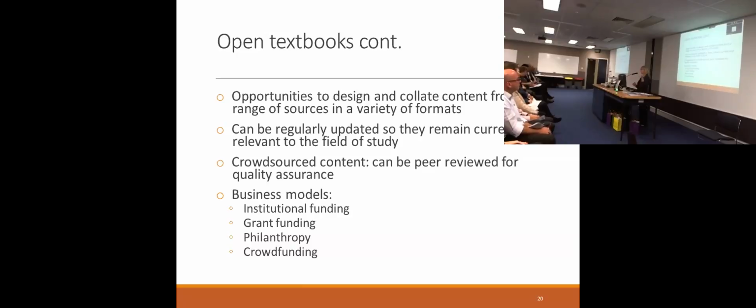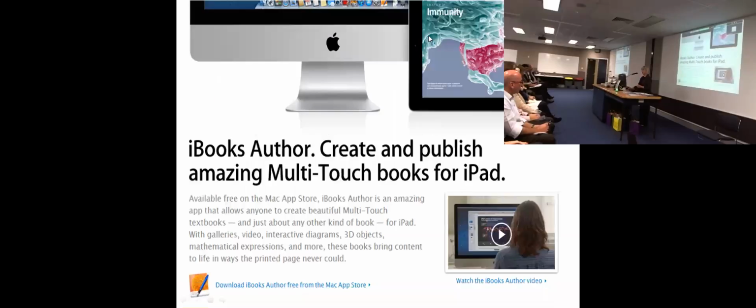We don't have the same philanthropic push over here, but there have been examples of where a philanthropist has just put $10 million on the table to say, okay, develop an open textbook for my discipline area. That's what I'd like to see happen. And then also there's been some crowdfunding. So again, quite different publishing options to the traditional commercial publishers that we're familiar with.